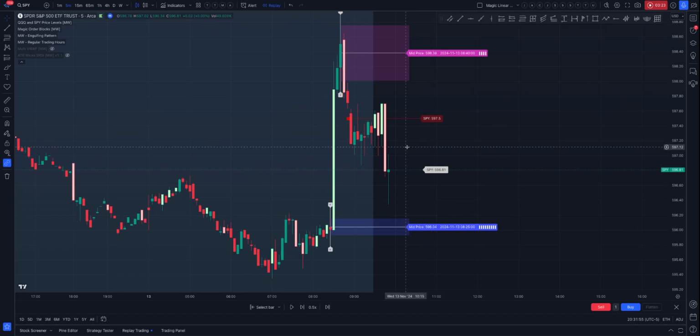So now I'm just waiting. Oh, and also this 597.50. I'm expecting that to act as either support or resistance. I've noticed that the first time it hits one of these $2.50 increments during the trading day, you'll get a response.